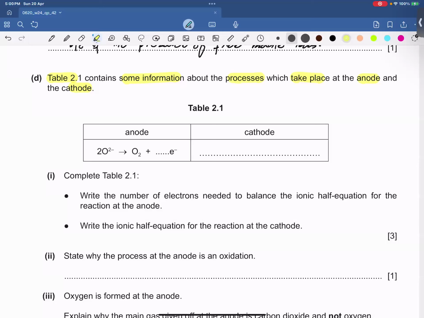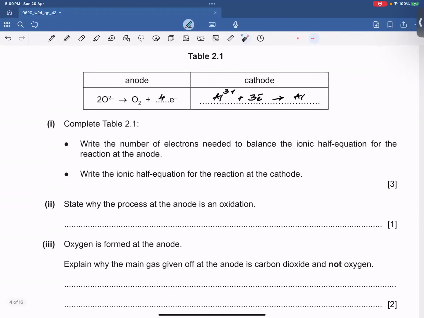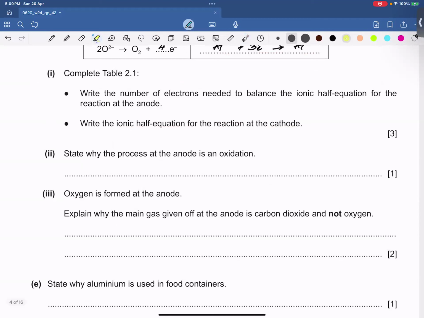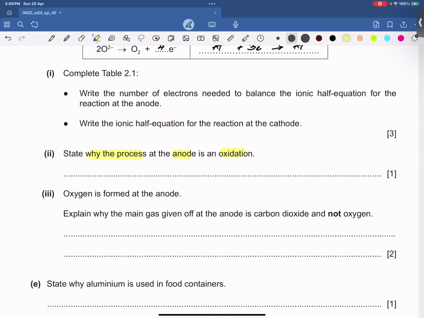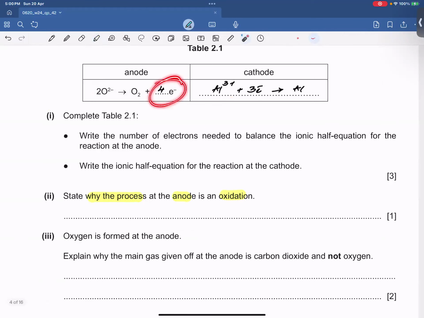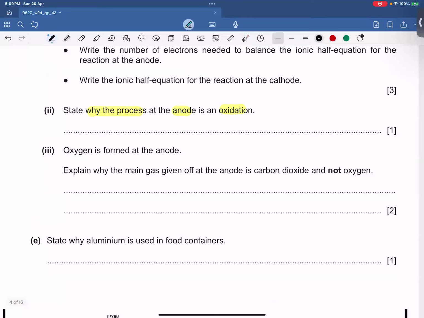At the anode, obviously 4 electrons are lost and at the cathode the aluminum ion gains 3 electrons and is converted into aluminum. So write the number of electrons needed to balance the ionic half equation for the reaction at anode. I have done that. Ionic half equation for the reaction at the cathode. I have done that. State why the process at the anode is an oxidation: because of the loss of electrons. Because of the loss of electrons or increase in oxidation state of oxygen.